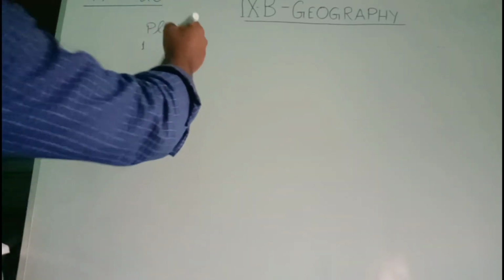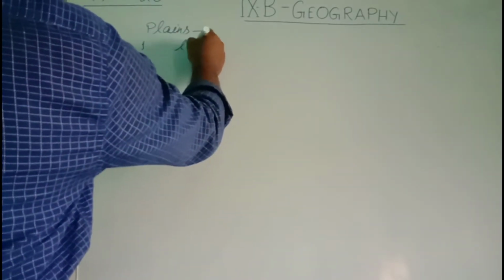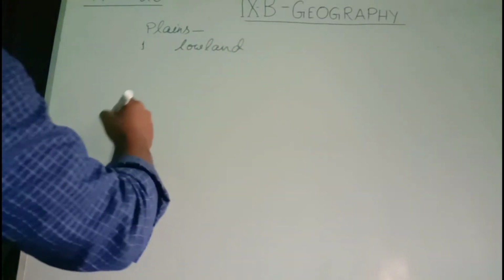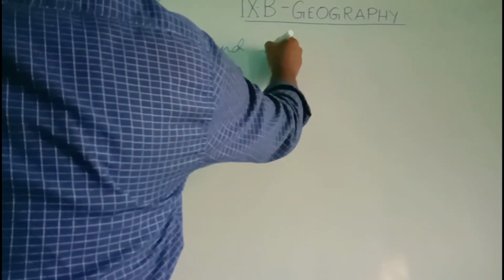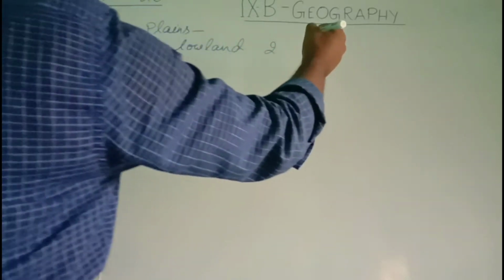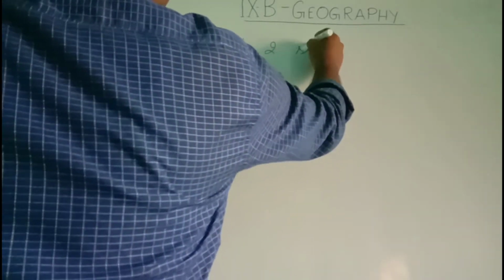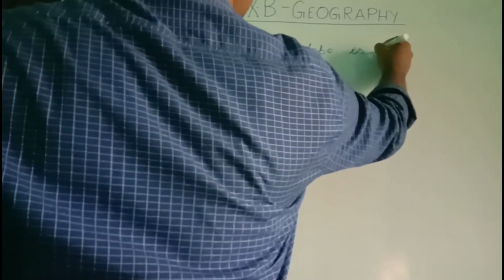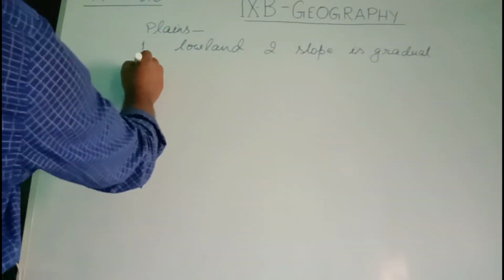Number 1, these plains are lowland. Second feature, slope is gradual, or we say gentle slope.